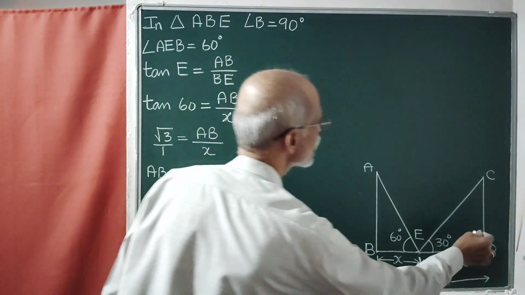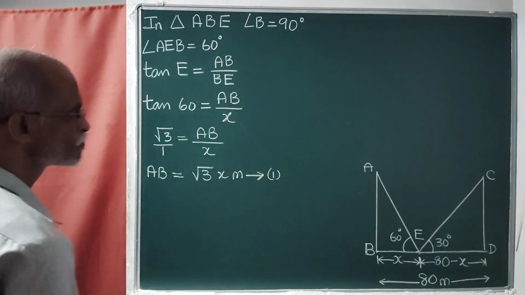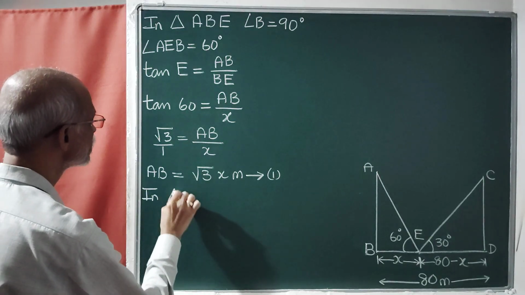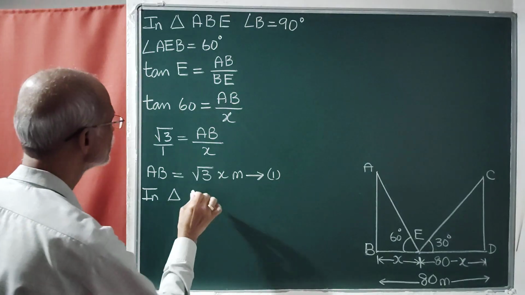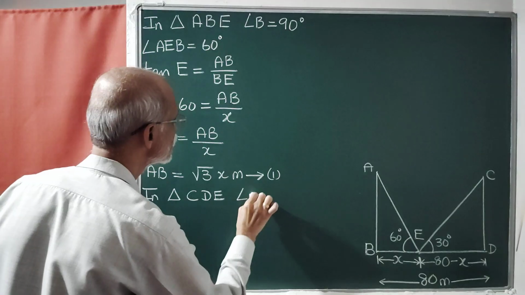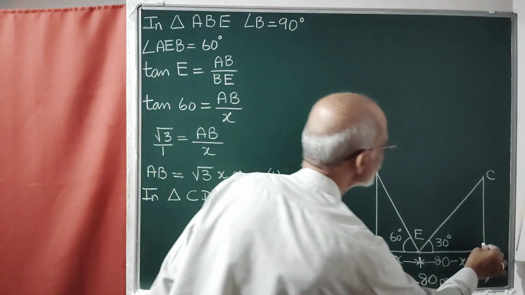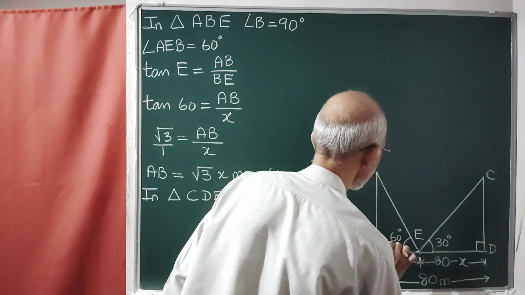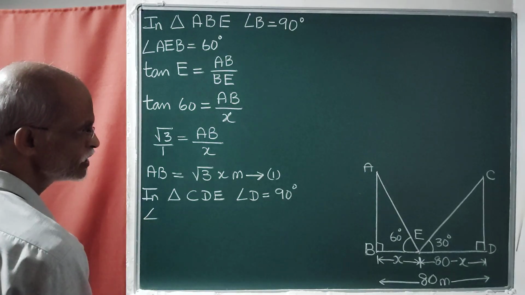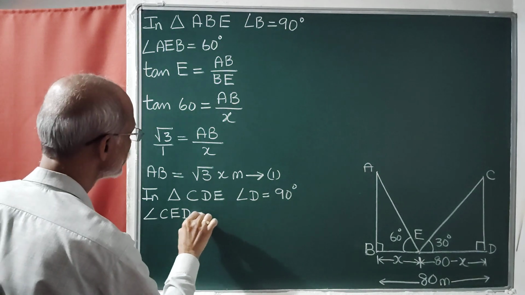Now take this triangle CDE. In triangle CDE, angle D is equal to 90 degrees. Angle CED is equal to 30 degrees.